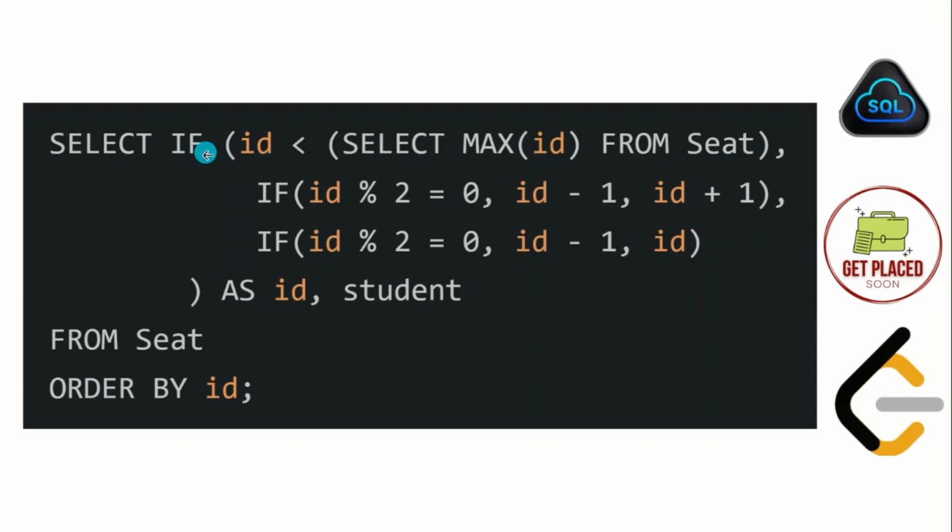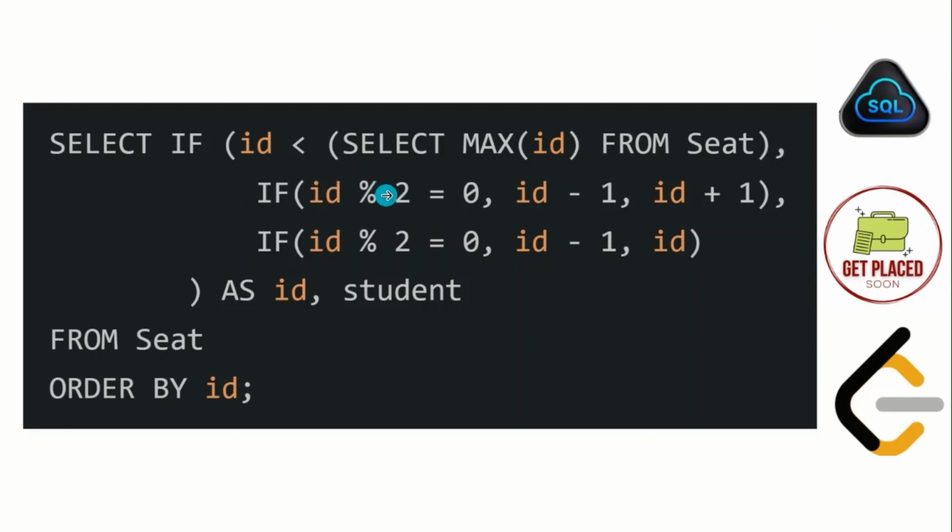Now in the IF statement, what are we doing? If the ID is less than the maximum ID, we will do this step. If the ID is not less than the maximum ID, which means the ID is the maximum ID, then we will do the other step. Let's look at the first condition. If the ID is less than the maximum ID, we again have an IF statement here: if id modulus 2 equals 0, it means an even number.